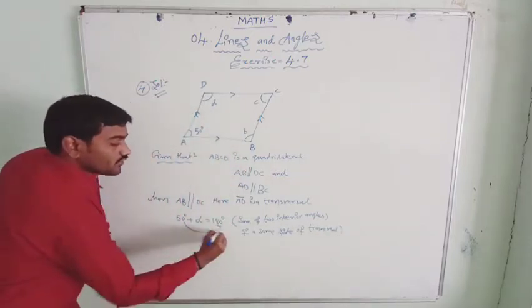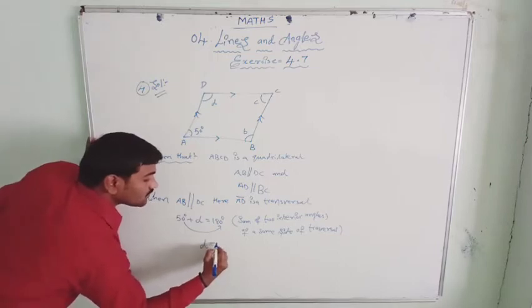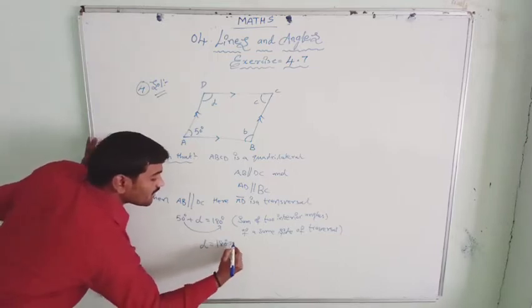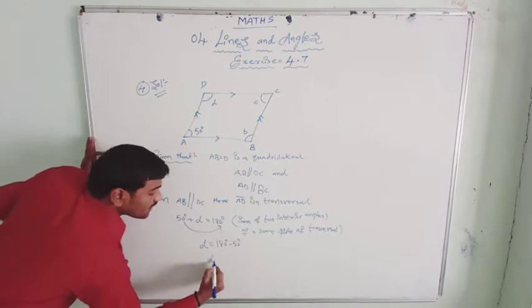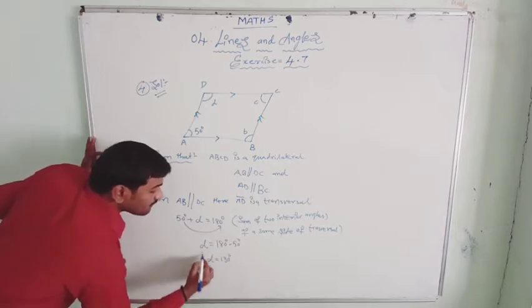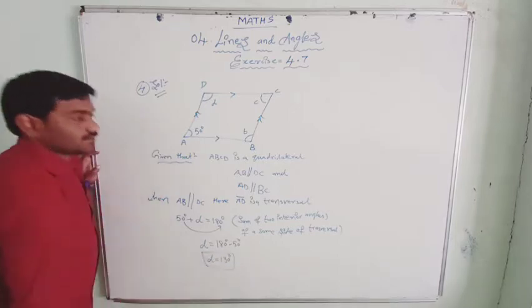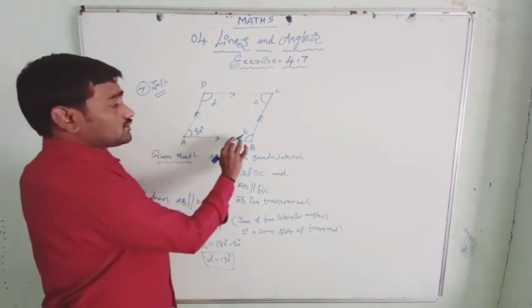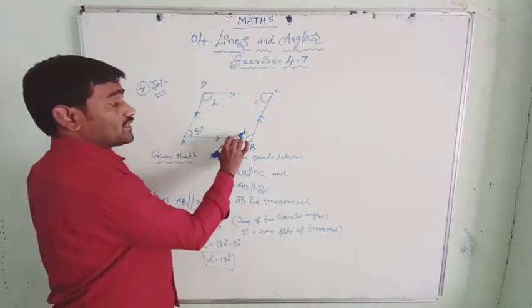So transferring this 50 degrees to the other side, angle D equals 180 degrees minus 50 degrees. Angle D equals 130 degrees.